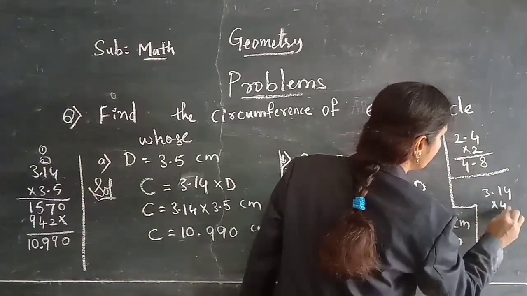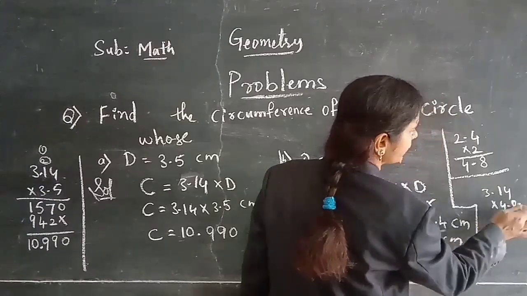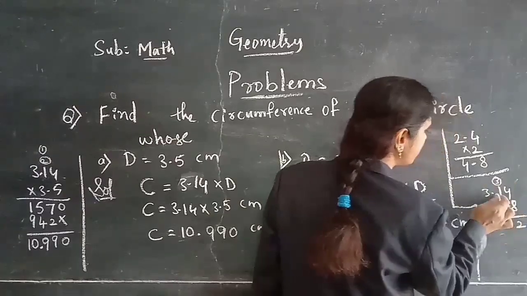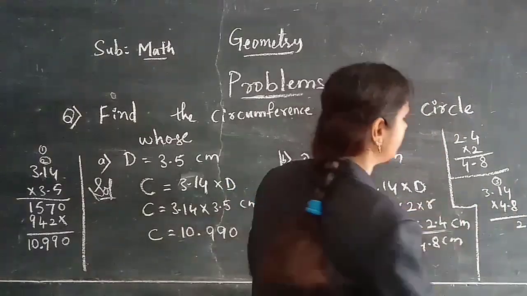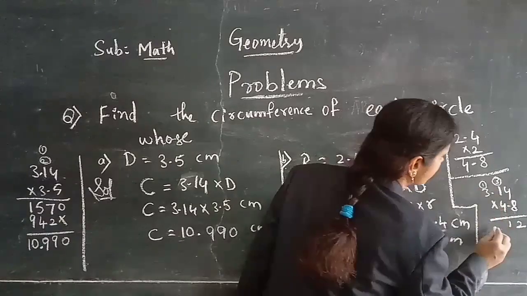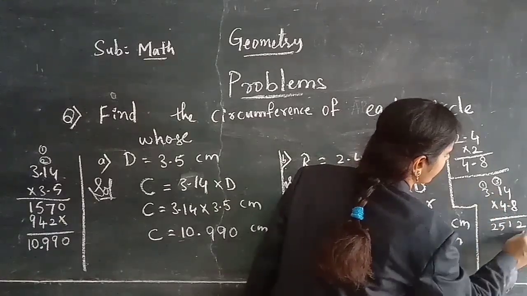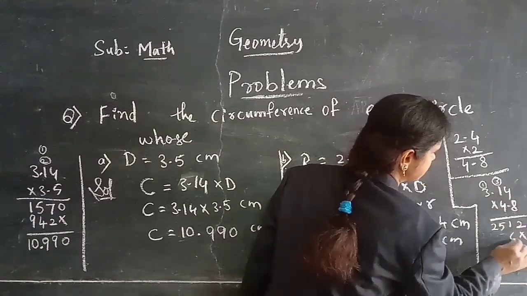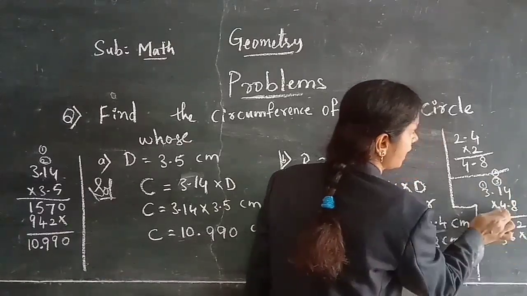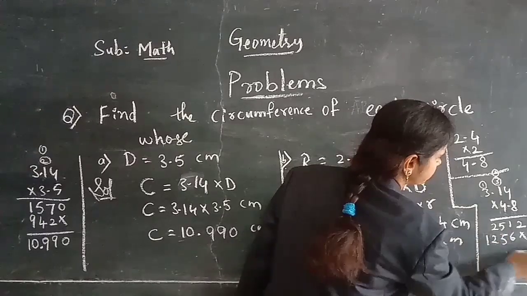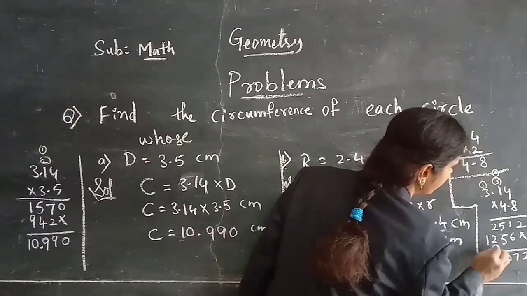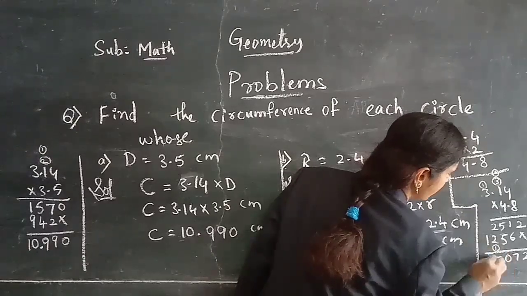3.14 into 4.8. 8 4s are 32. 2, 3 carry. 8 1s are 8, 9, 10, 11. So 1, 1 carry. 8 3s are 24 plus 1, 25. Then 4 4s are 16. 1 carry. 4 1s are 4, 5, and 4 3s are 12. 2, 7, 10, 1 carry here, 5 and 1.